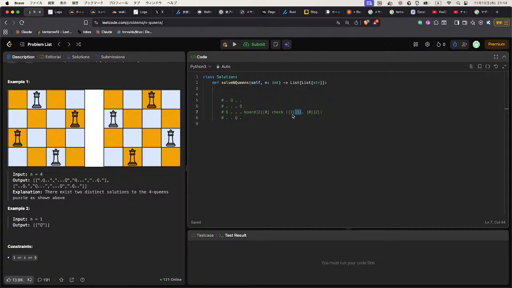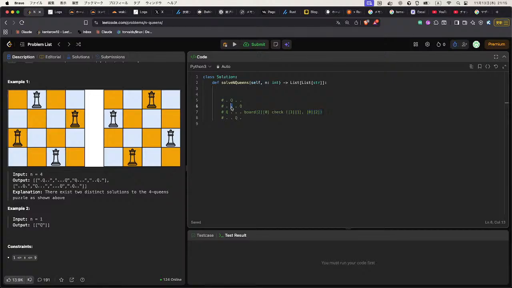But as long as they are more or equal to 0, that is a valid position. So the positions to check are these two positions, right?